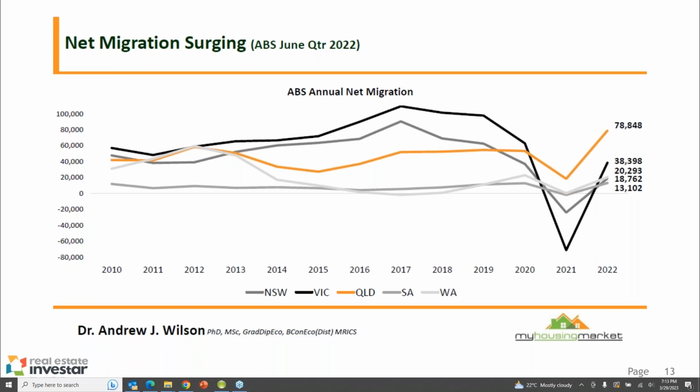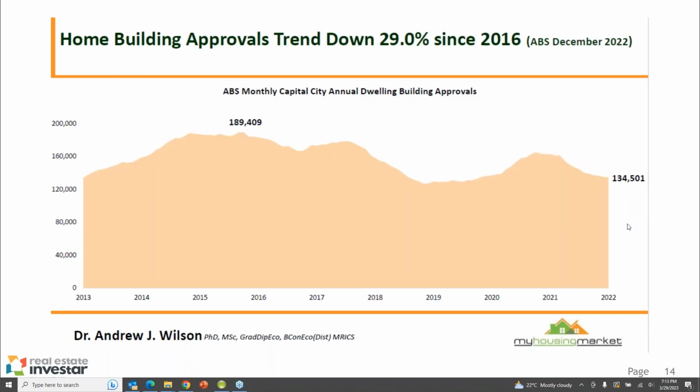So there's definitely a change in the market, and as property investors, we need to be following this. These indicators will give us a bit of a guide to where the growth markets are really going to happen over the next few years. So we know we've got stronger population growth. We've already got a strain on the rental market, and we're actually building fewer new dwellings than we were 5 years ago.